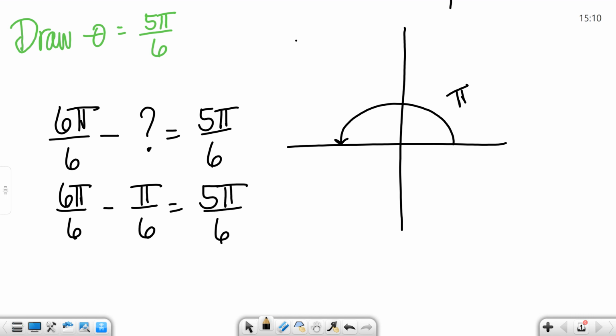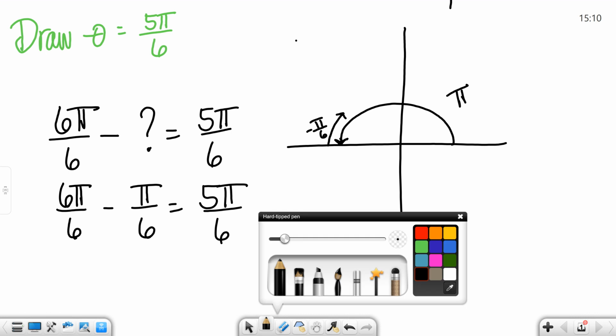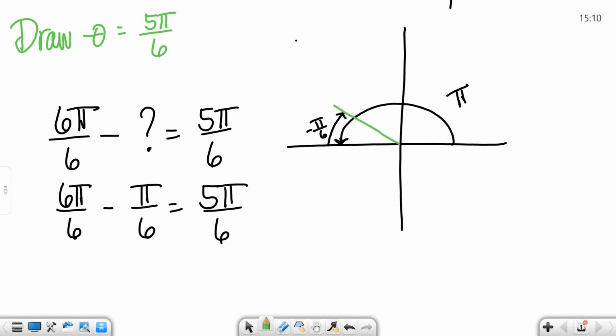Remember when I start at the x-axis and I go all the way over here, I am at pi. If I subtract pi over 6, then that would end up being right here. And so my initial side would be the positive x-axis, and I stop at the terminal side, so this would represent 5 pi over 6.